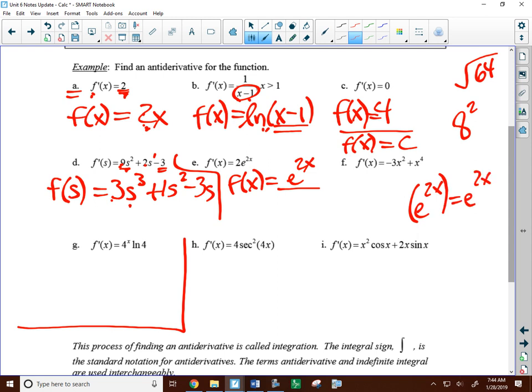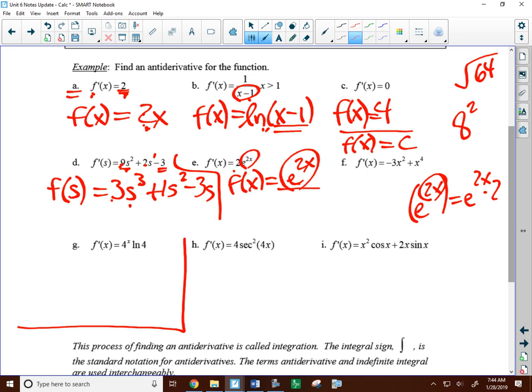But for e to the 2x, we need a chain rule, so it was times the derivative of 2x, which is 2. So the derivative of this is 2e to the 2x. If you see an e to the x type exponential, it's going to be itself in there somewhere.